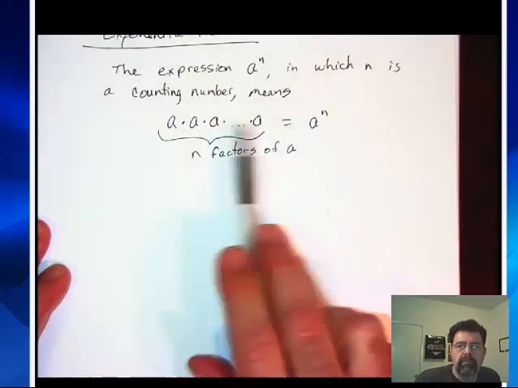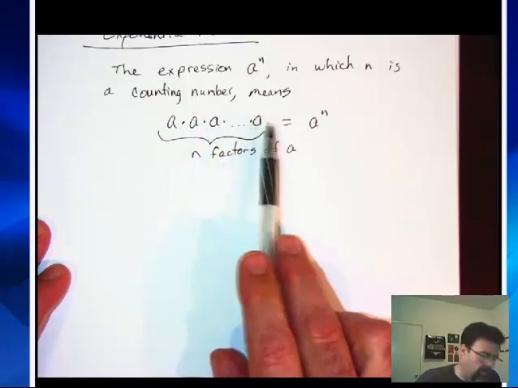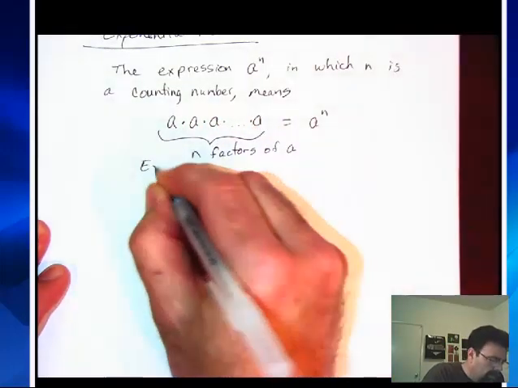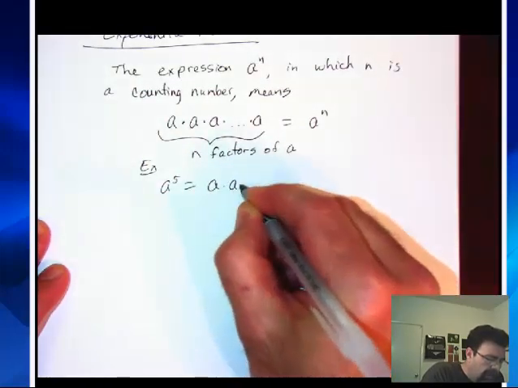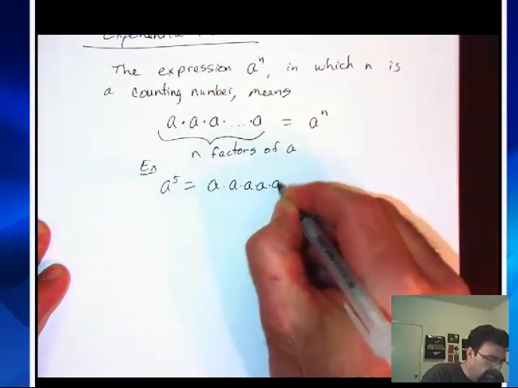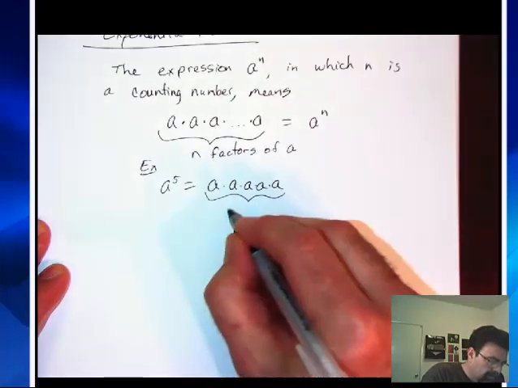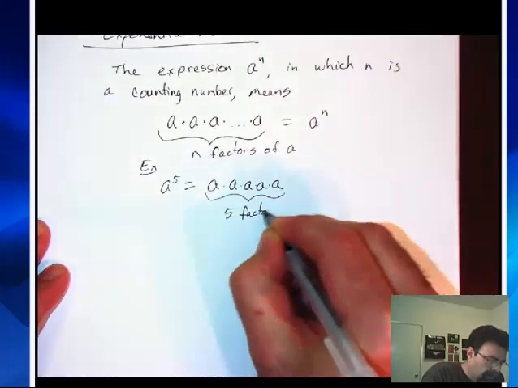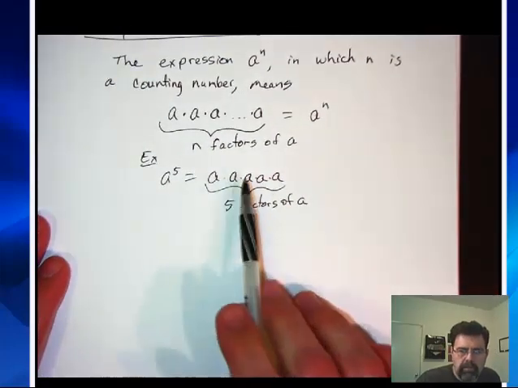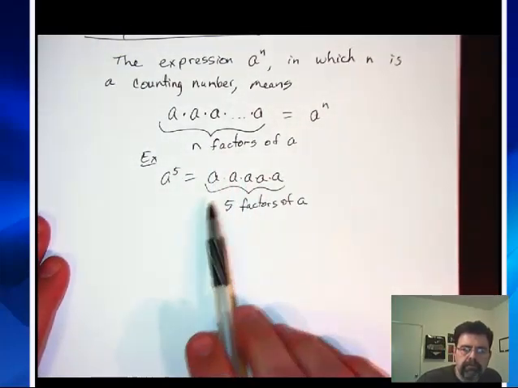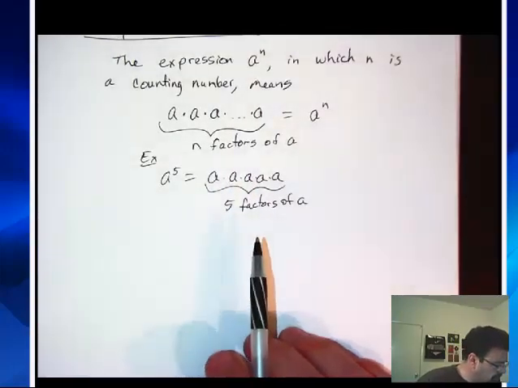So basically the number in there is not the number of times you multiply it, it's the number of a's in the product. So for example, a to the 5th means that I'm going to multiply 5 a's together. So there's 1, 2, 3, 4, 5 a's. Okay. So a factor is just a number that's in the product. So I got 5 factors of a.